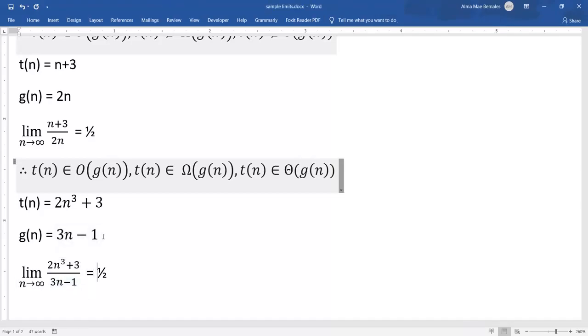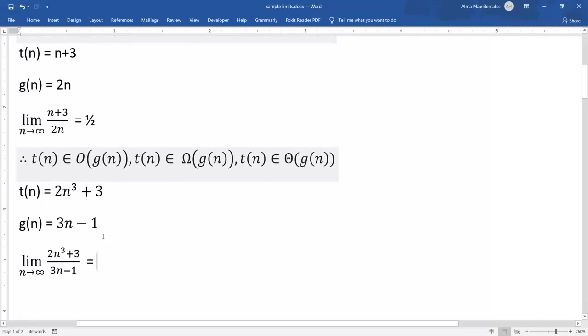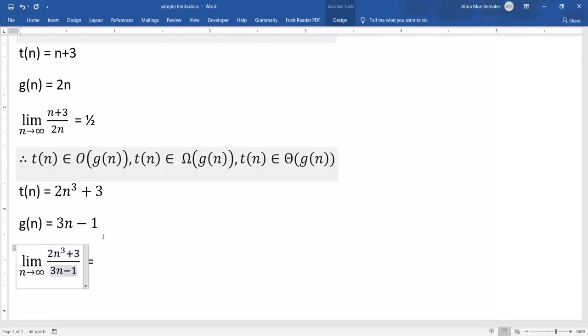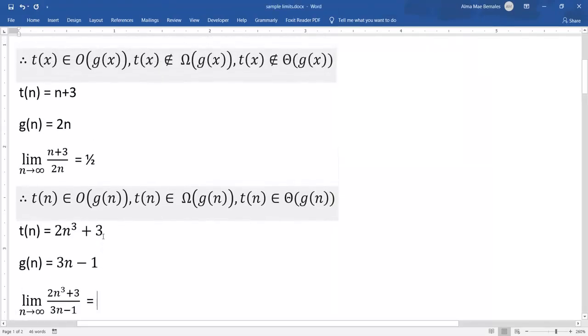So in this case, the degree of T of N is 3, while the degree of G of N is 1. So what will be our limit? So our limit will be infinity.